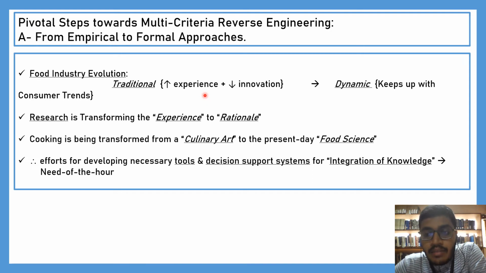This approach of forward engineering, traditionally followed by the food industry, reduced innovation in a way because of the time it took to get consumer feedback and then improve the product according to it.